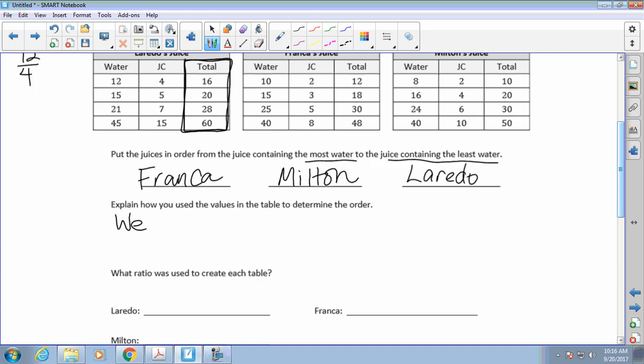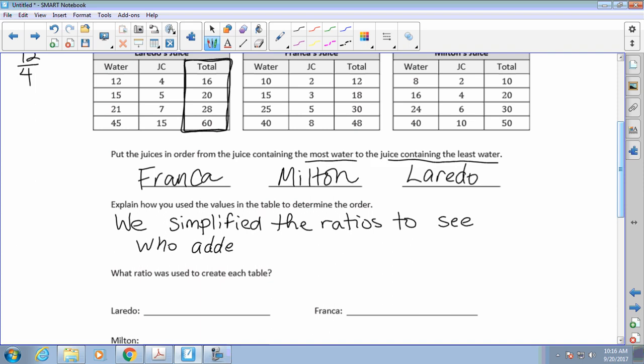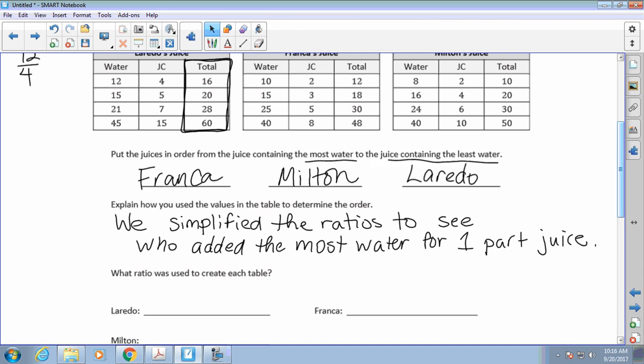We simplified the ratios to see who added the most water for 1 part juice.